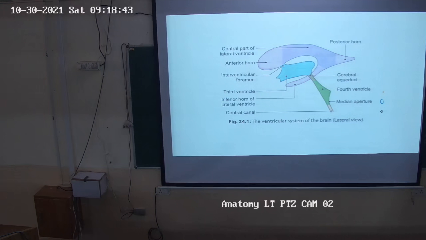Another important part, the communication: the lateral ventricle communicates with the third ventricle by means of this interventricular foramen, also named as foramen Monro. The third ventricle communicates with the fourth ventricle through the cerebral aqueduct, which is lying posterior to the midbrain. This is also named as the duct of Sylvian.